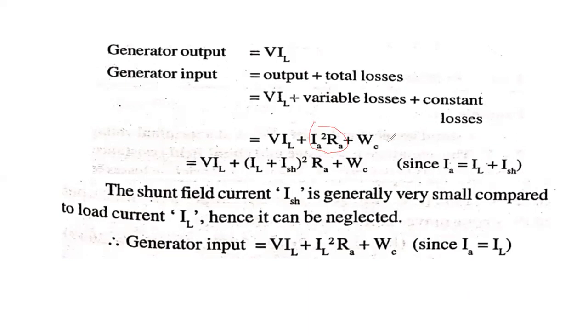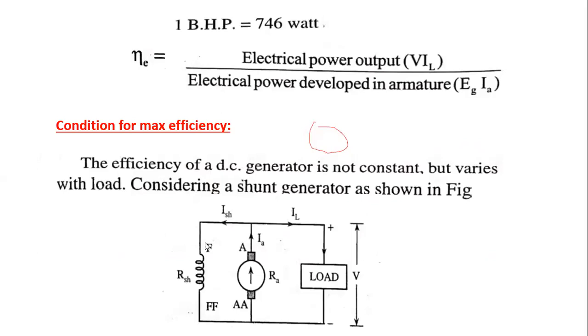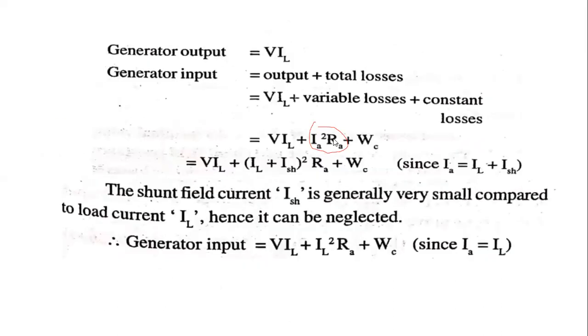Next, constant losses is WC. So input is equal to VIL plus IA square RA plus WC. Now, observing the shunt generator diagram, what is the IA formula? The armature current IA is divided into two currents, IL and ISH. So IA is equal to IL plus ISH.